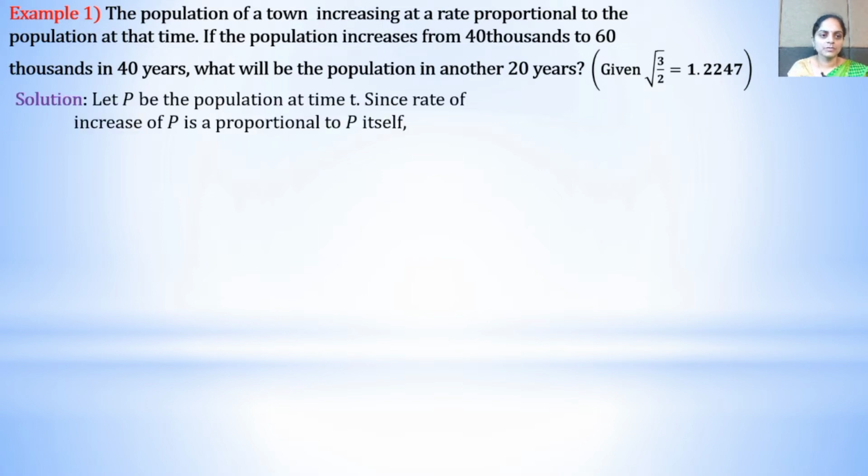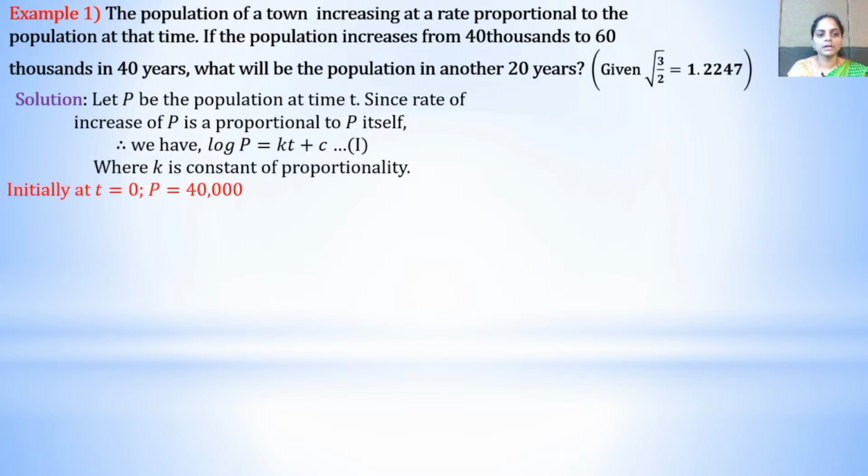Let's start the solution. Let P be the population at time t. Since the rate of increase of P is proportional to P itself, we have log P is equal to Kt plus C. This is our equation number 1, where K is the constant of proportionality.